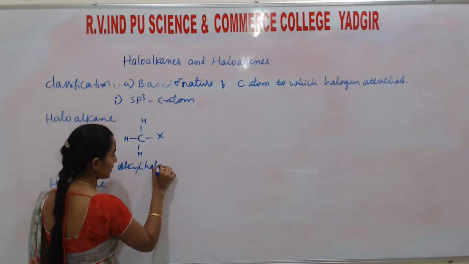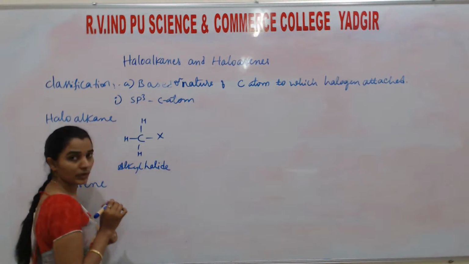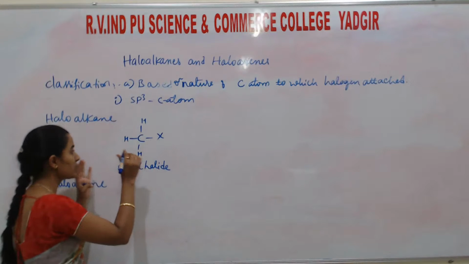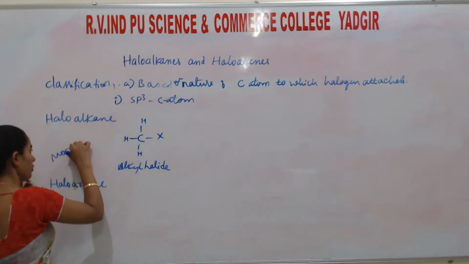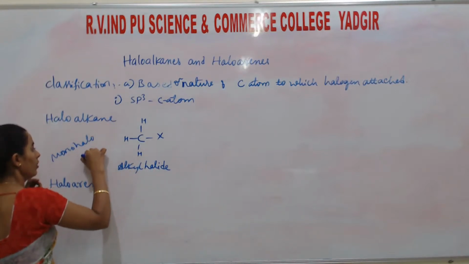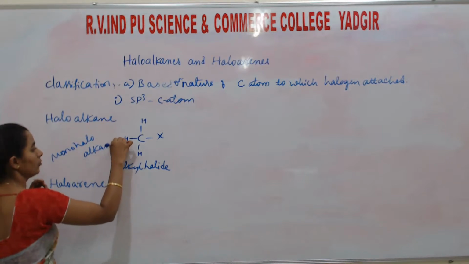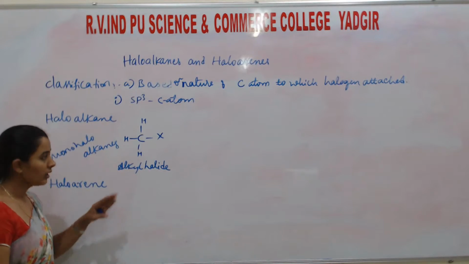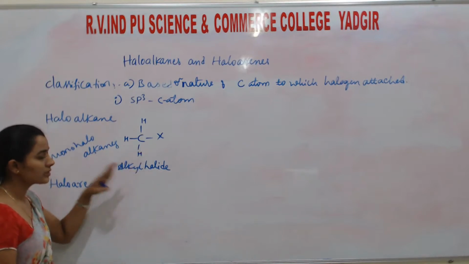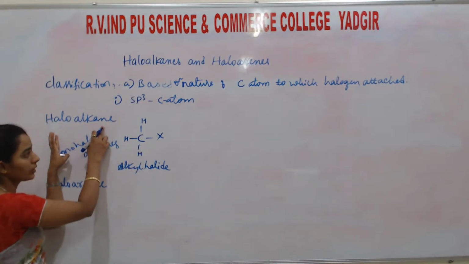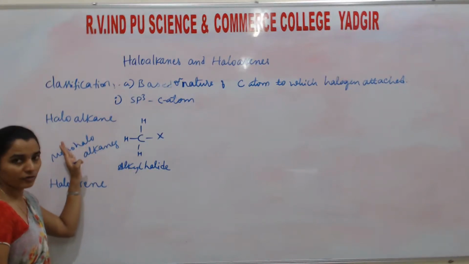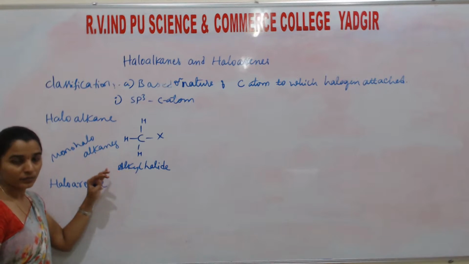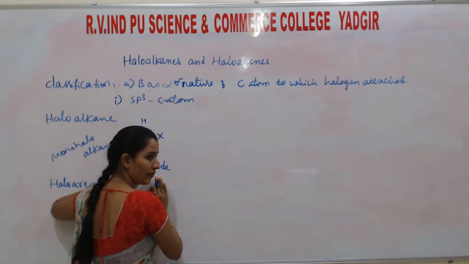Students, here we are taking only mono haloalkanes, because in di or poly haloalkanes we cannot classify primary, secondary and tertiary. So we are taking the example of a mono haloalkane, especially methane. So this is one type of alkyl.